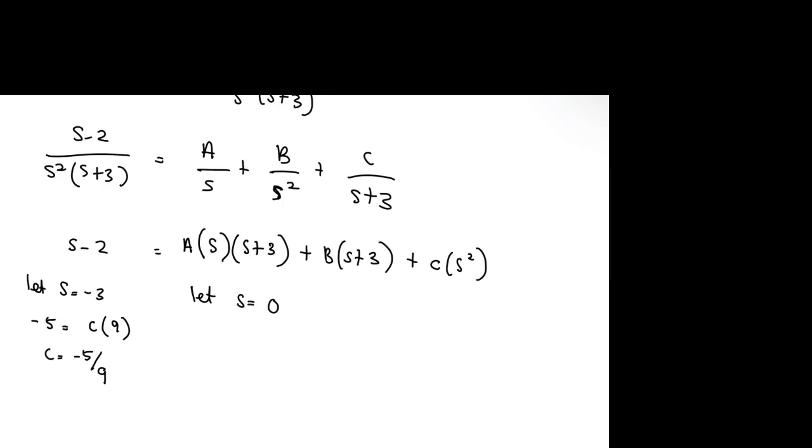Then 0 minus 2 is minus 2. A will be 0, C will be 0. So I have B times 0 plus 3, which is 3. So B is minus 2 over 3.